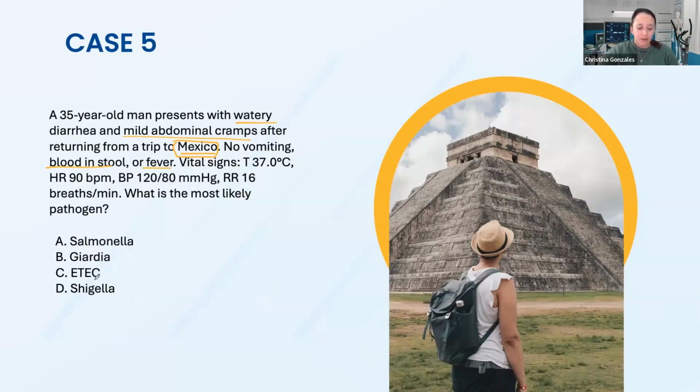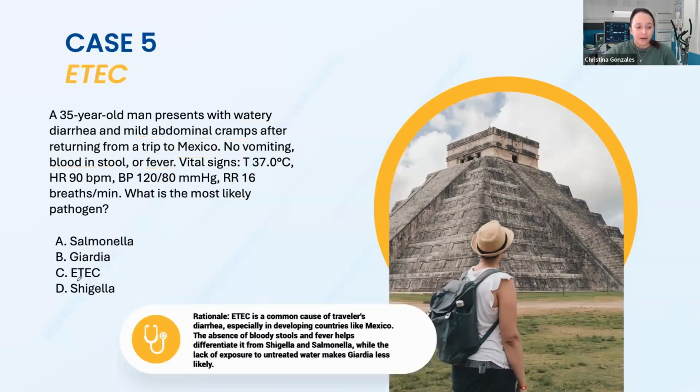So he comes back and has these symptoms. What am I going to think? Probably traveler's diarrhea, so ETEC, enterotoxigenic E. coli. It's very important to differentiate this type of E. coli from E. coli O157:H7. That's different. It's going to present differently. This is someone who just came back from traveling.